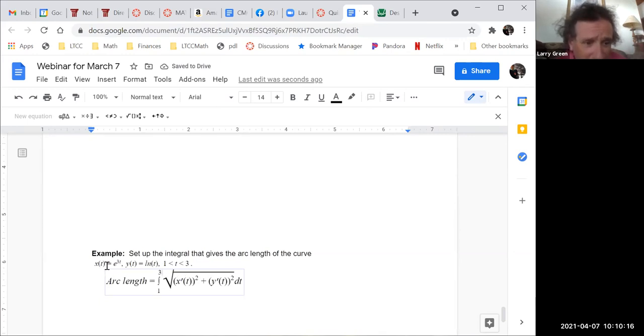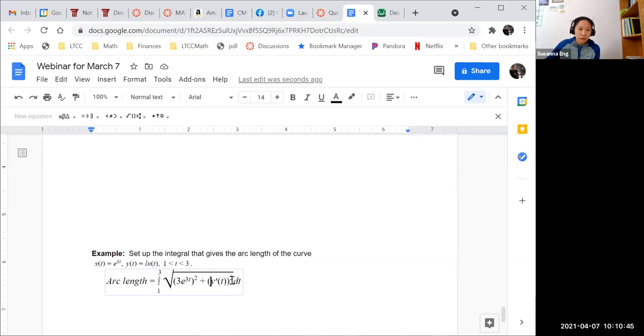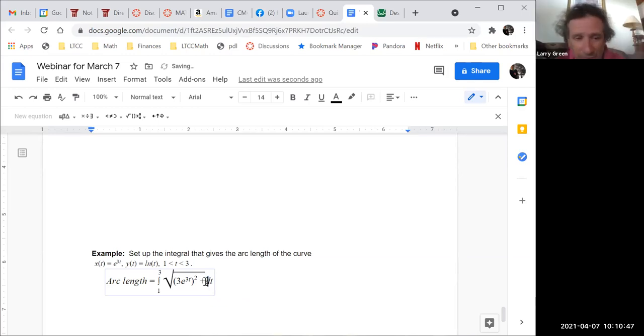Is x prime easy here? What's the derivative of e to the 3t? Yes, 3e to the 3t. And how about y prime? What's the derivative of ln of t? 1 over t, and then we square, so it's 1 over t squared.